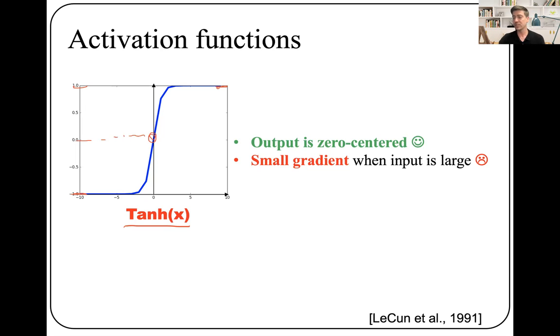That's interesting because the values can be both positive or negative, and we're not going to have this kind of biasing effect. But it suffers from the same vanishing gradient problem because when we have an input value which is either large positive or large negative, then again, our gradient will be close to 0.